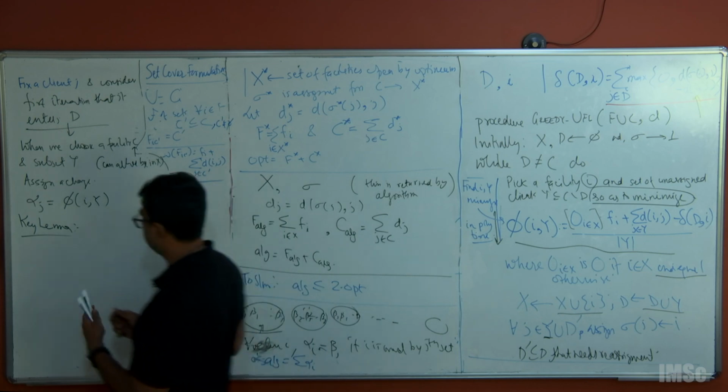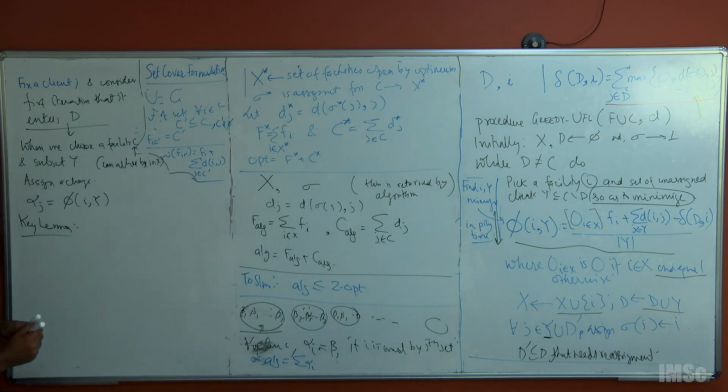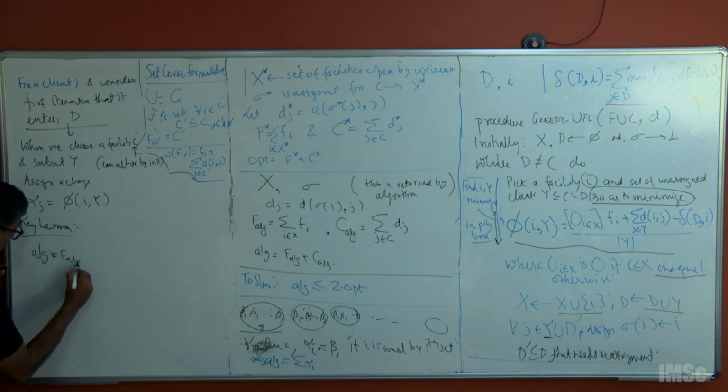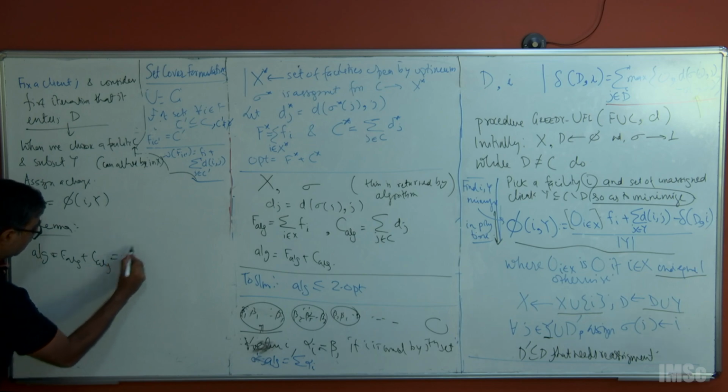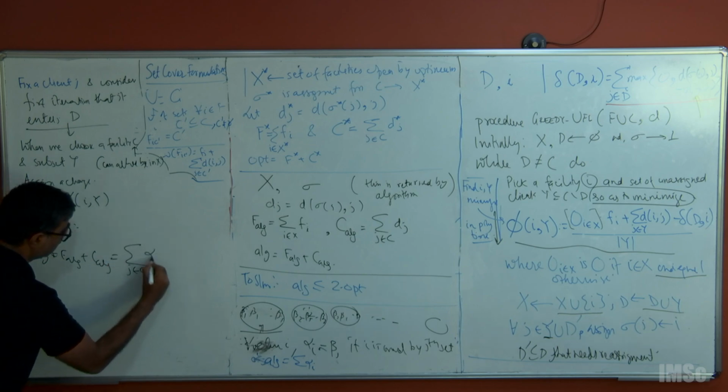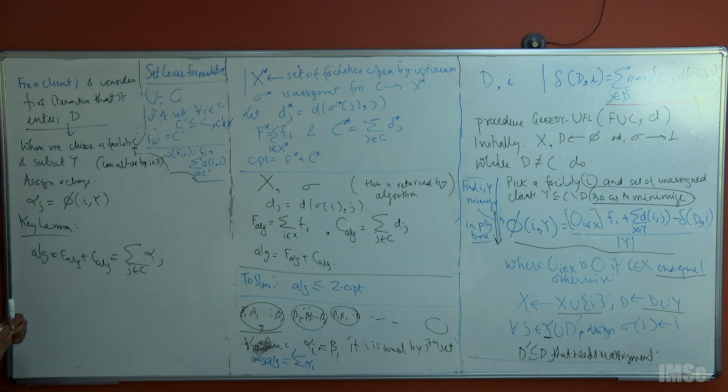So what is my key lemma? The key lemma is very simple. ALG is equal to F(ALG) plus the sum of C(ALG) over j in C of alpha j. That's it.